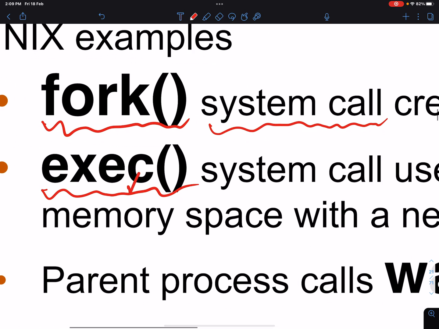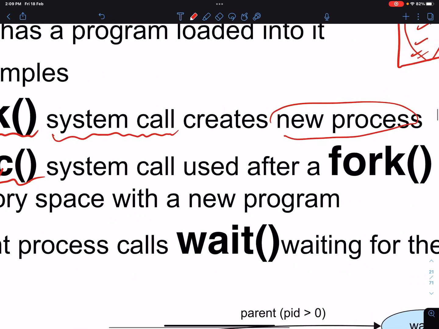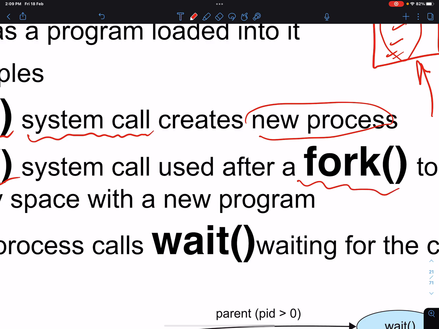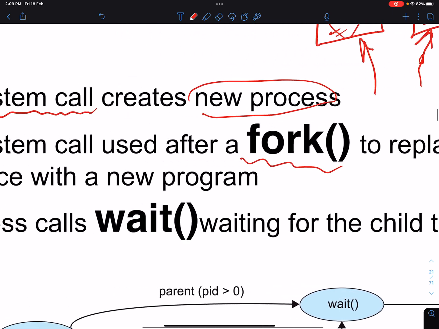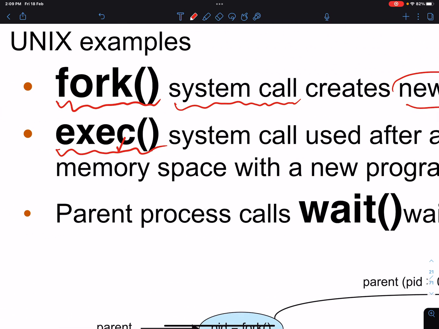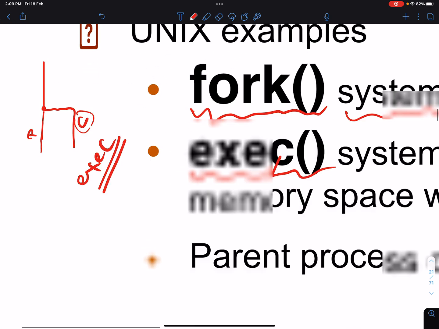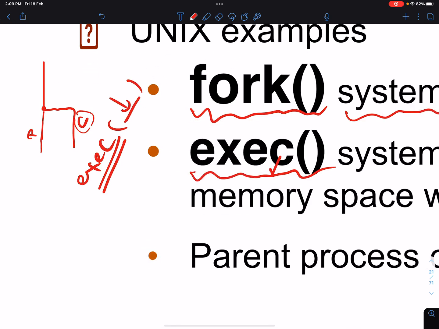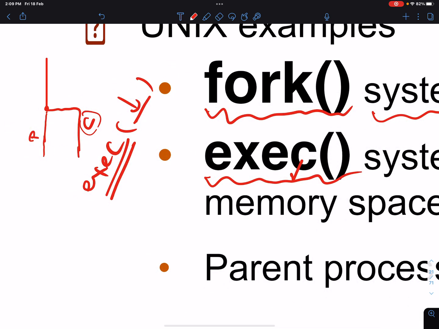How about exec? It's another system call, but it's used after the fork. So first you fork and then exec. Why? To replace the process memory space with a new program. All right, so if you want this child to be different from the parent, to execute a totally different program, then you call exec. Okay, and you give it, as you will see later, the name of the program, and the program gets loaded inside this process.